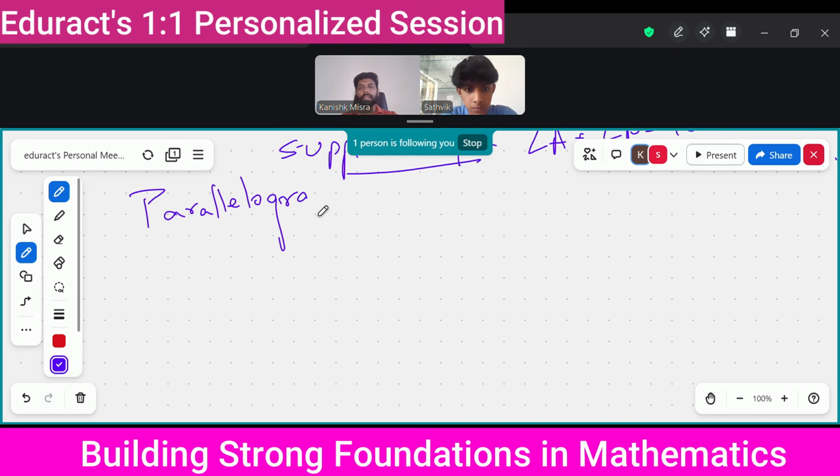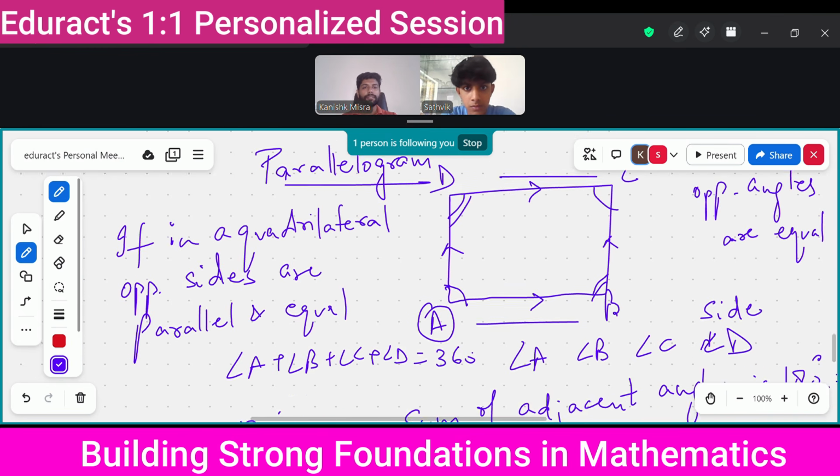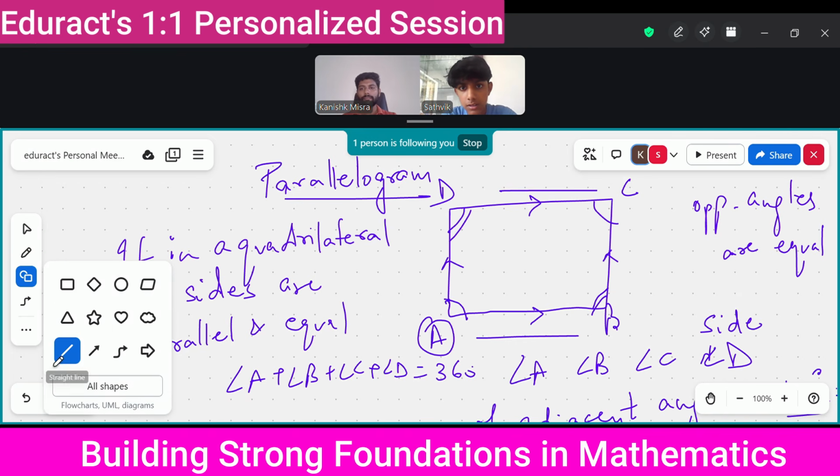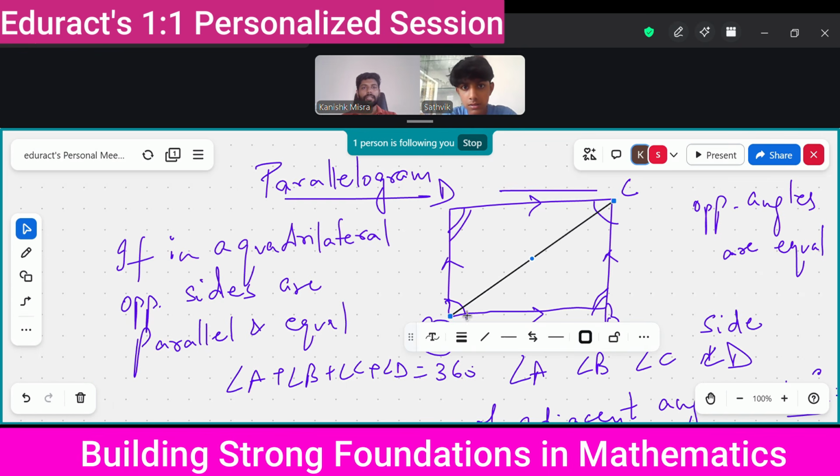There is one thing left. Do you understand what diagonals are? What are diagonals? The opposite vertices? No, those are vertices. That is not a diagonal. A diagonal is when I join the opposite vertices. Like if you see in the figure ABCD, AC is the diagonal.